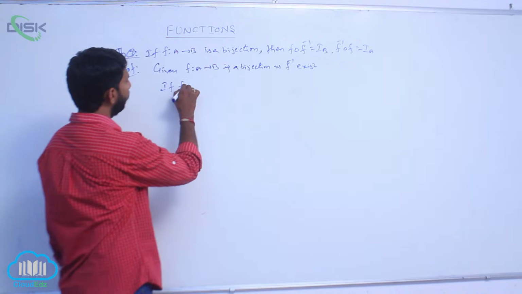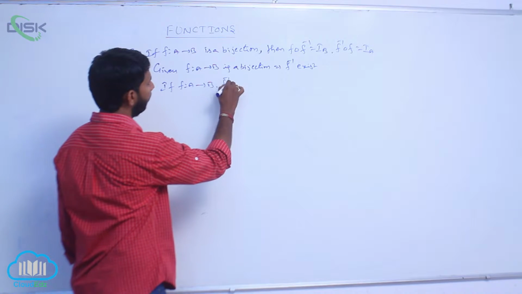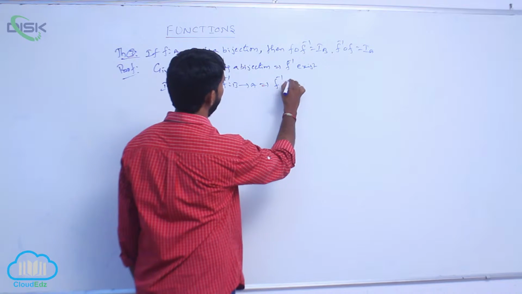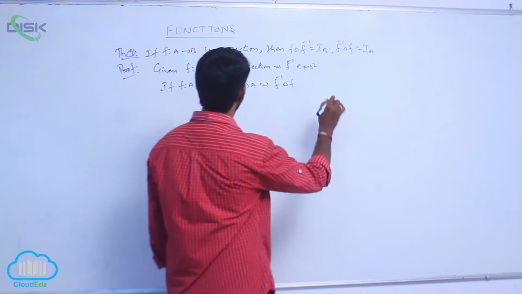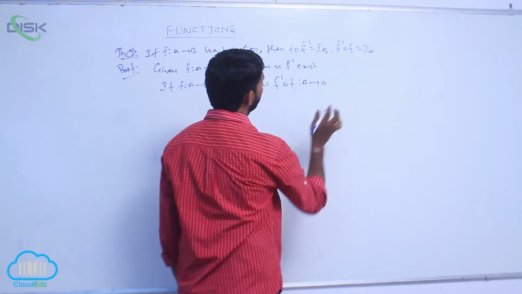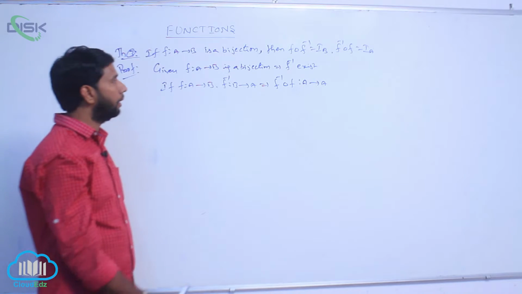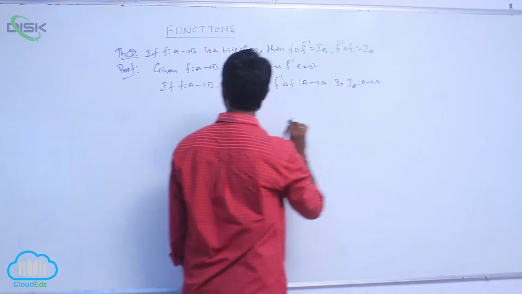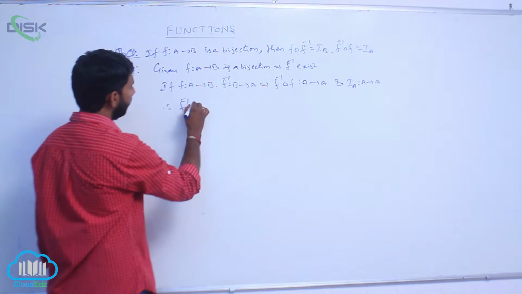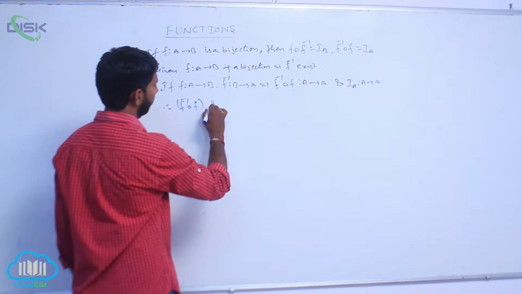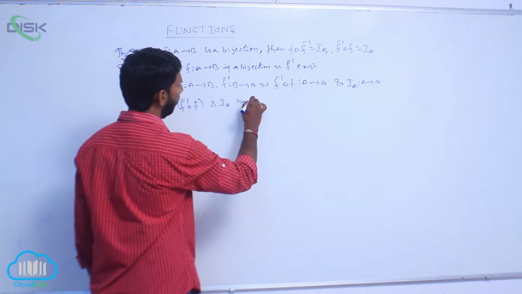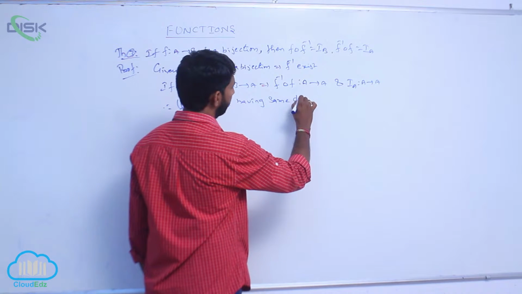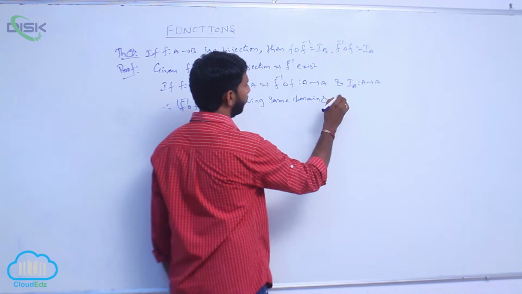If f mapping from A to B, f inverse mapping from B to A, that implies f inverse circle f mapping from A to A, and I suffix A, the function I suffix A mapping from A to A. Therefore, f inverse circle f and I suffix A having same domain and codomain.